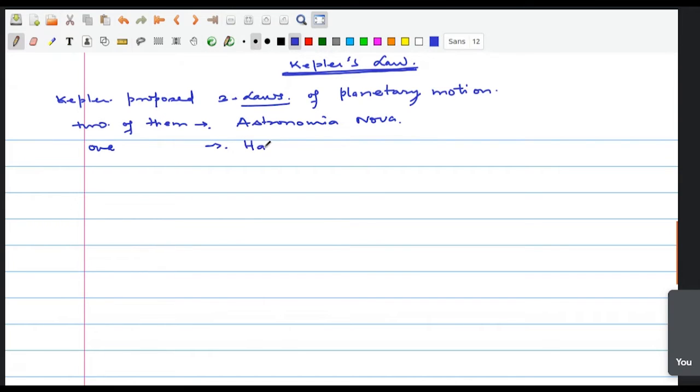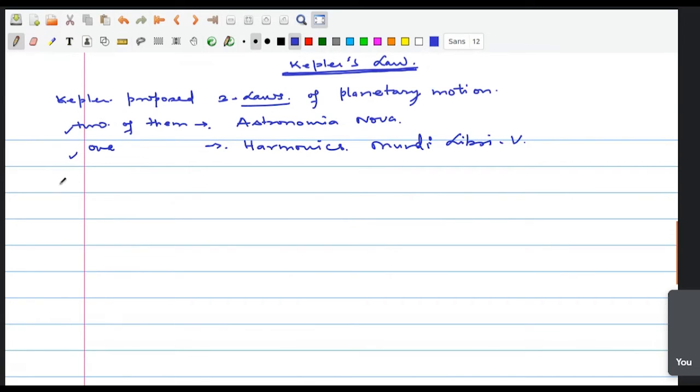So this appeared in Harmonices Mundi. The third law appeared here, and the first 2 appeared in the other.